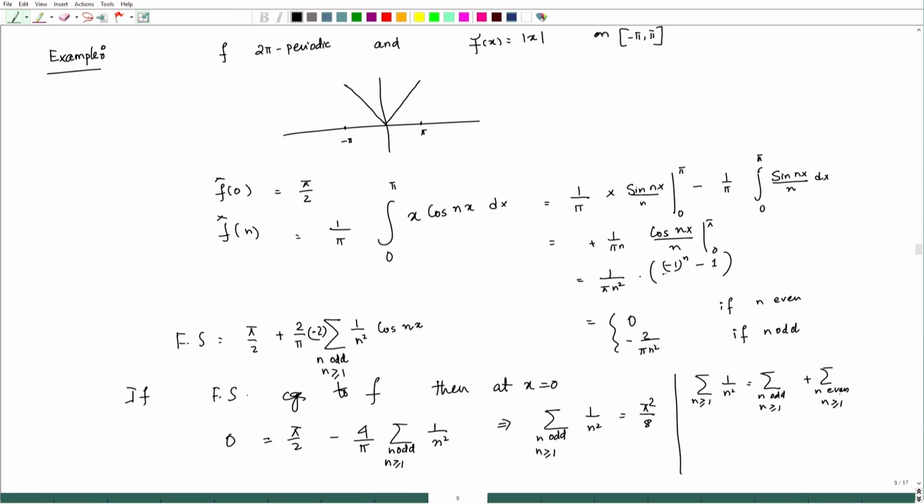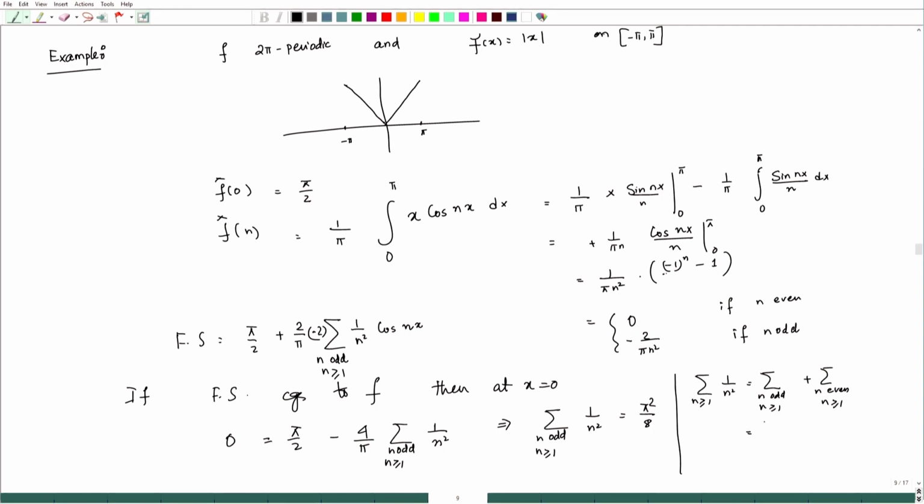Now, if in the second sum n is even, I can write this as n equal to 2k, k from 1 to infinity, that is the even part.